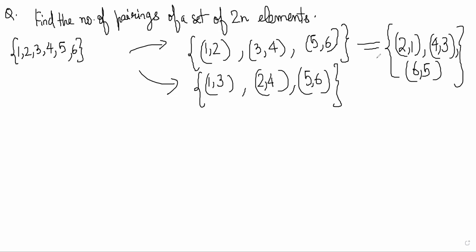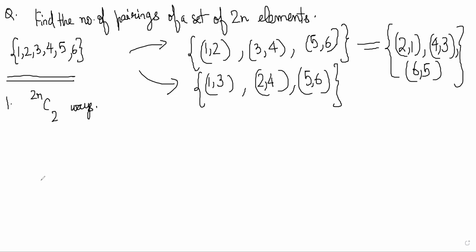So how would you normally do the question? You have to make pairings. First pair, how can you make? Select any two out of the 2n, right? First pair you can make in 2n C 2 ways.